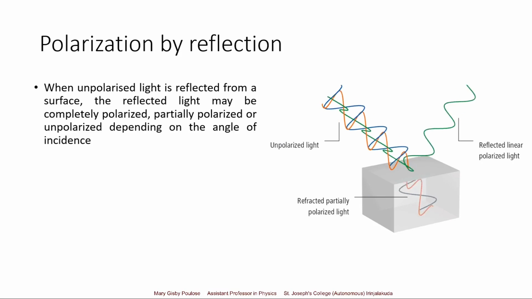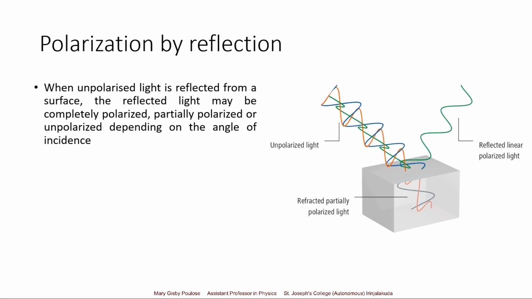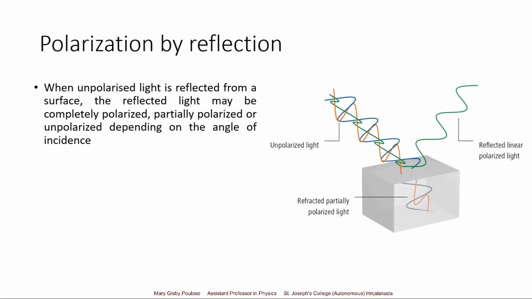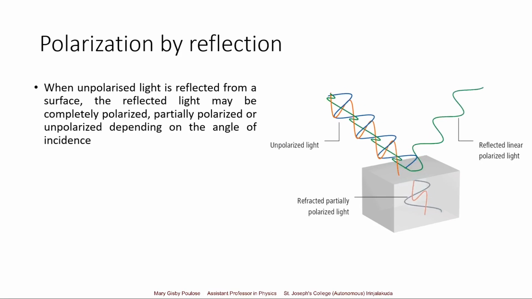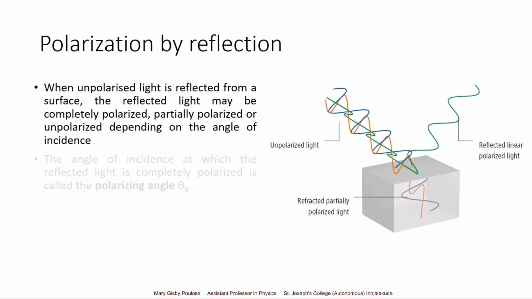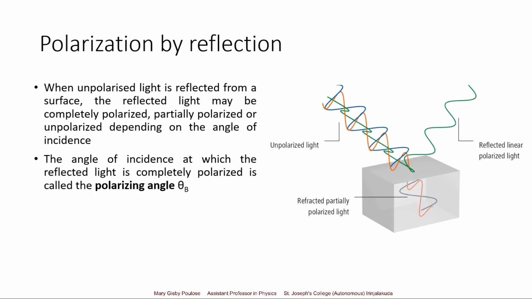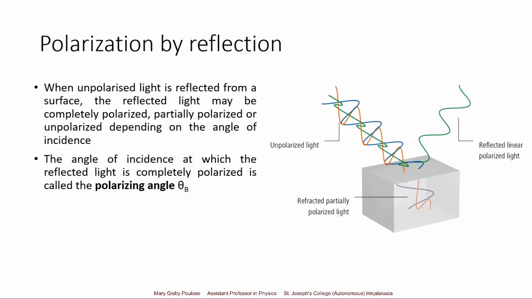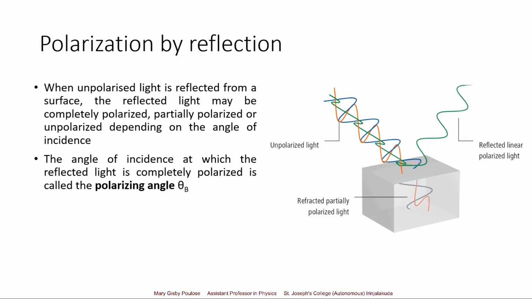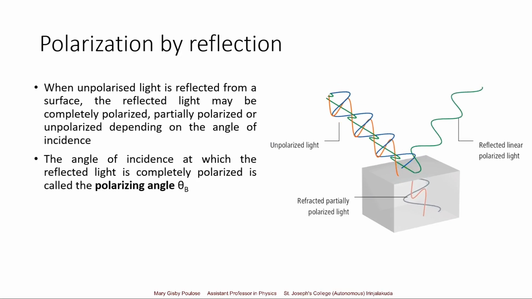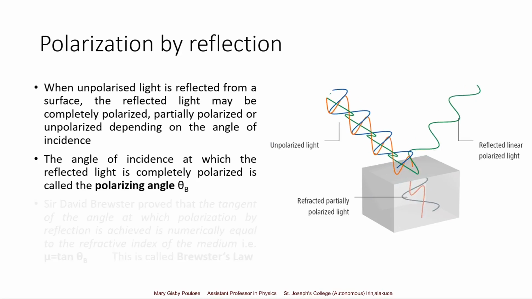At a particular angle of incidence, the reflected light will be completely polarized. That angle is called the polarizing angle theta b.